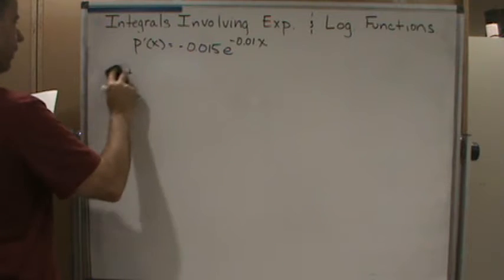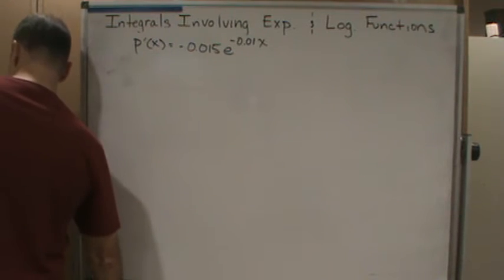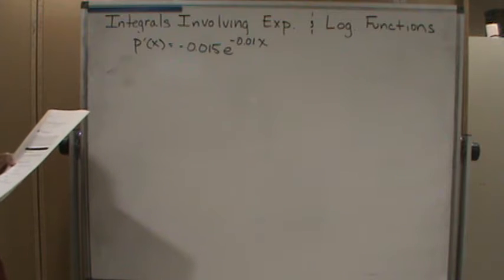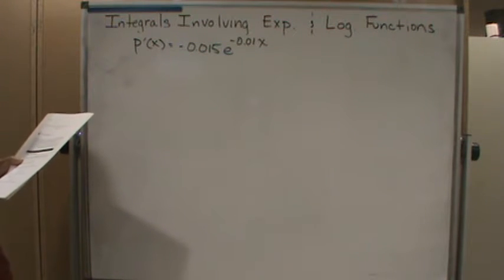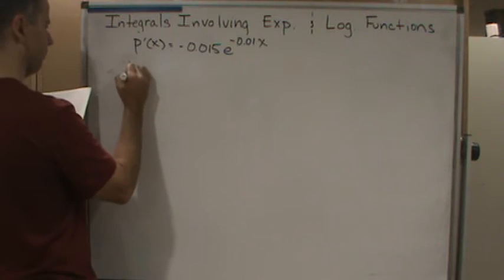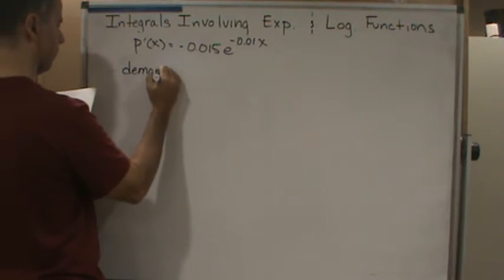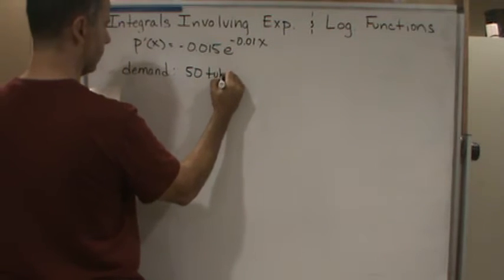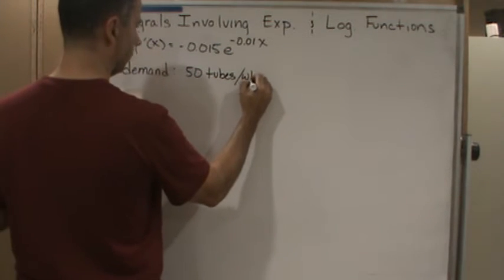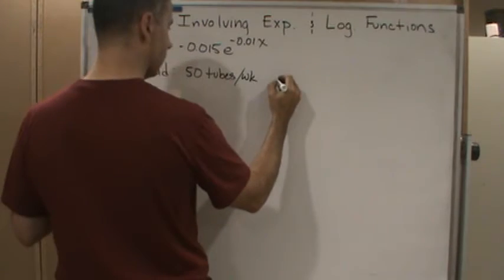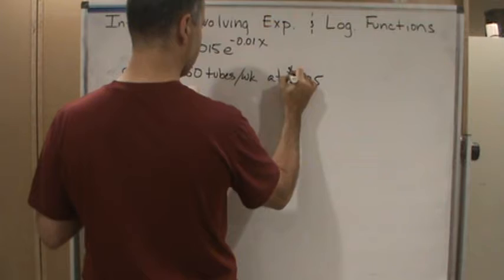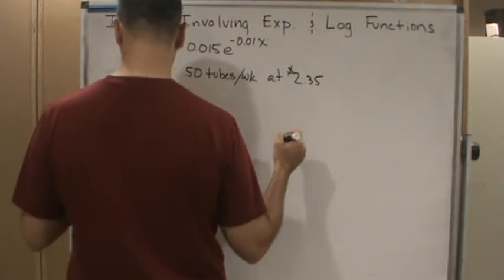Here's the thing. We want to find the price demand equation for a particular brand of toothpaste at a supermarket chain when the demand is 50 tubes per week at $2.35 per tube.